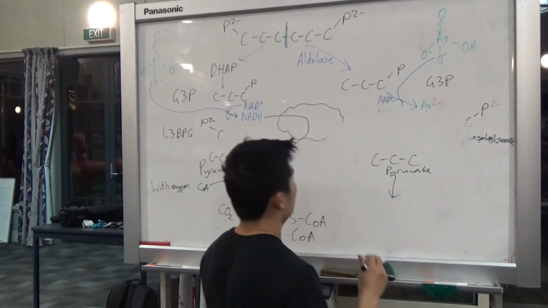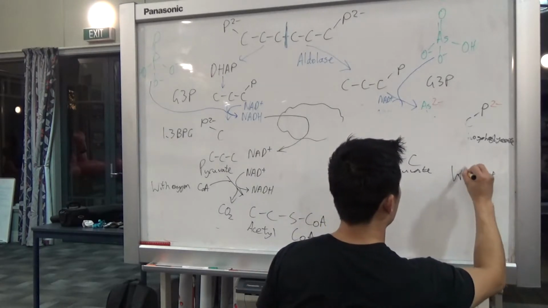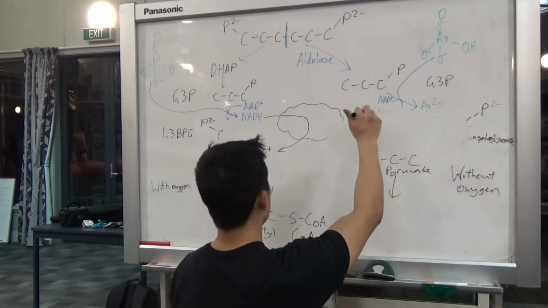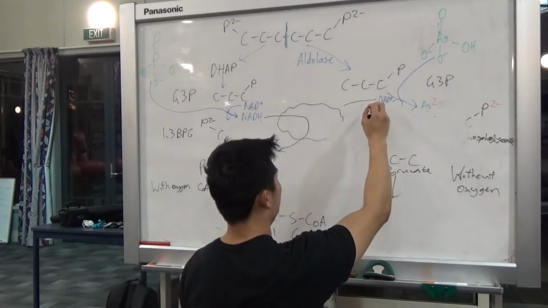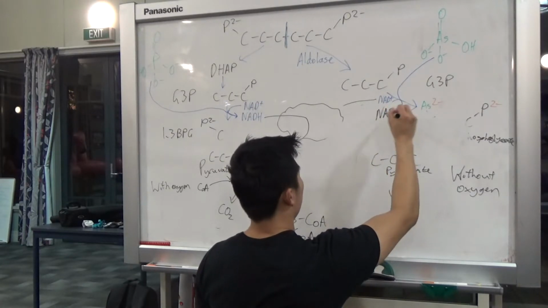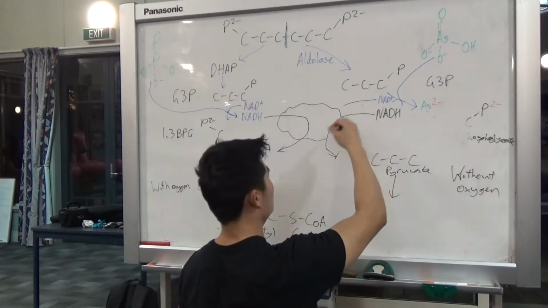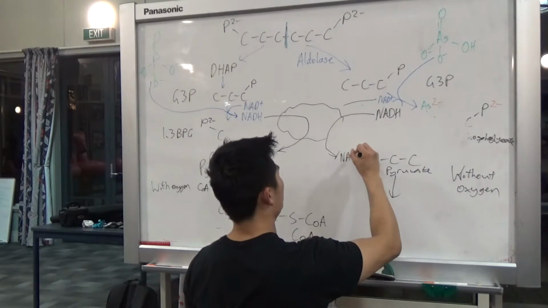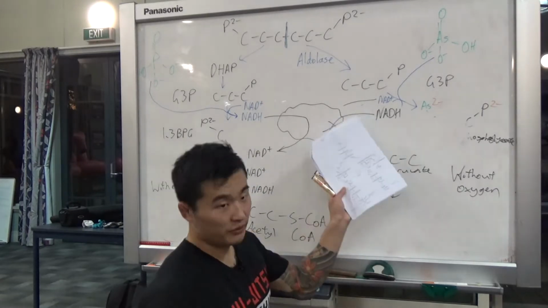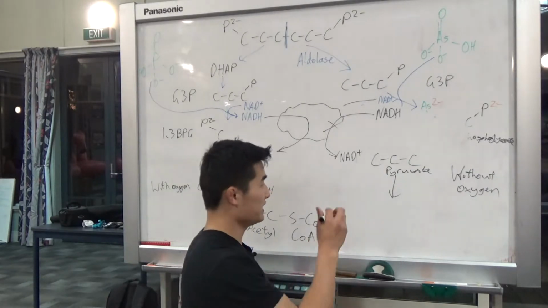And if you don't have oxygen, then the NADH can't go to the mitochondria. This step can't occur, so you have a whole heap of NADH which is building up, so you need to get rid of this NADH and regenerate NAD+.